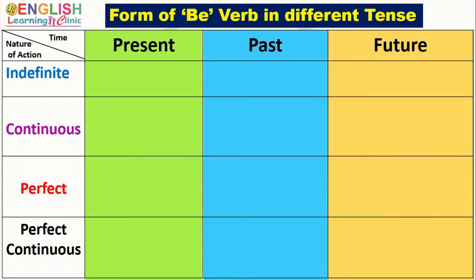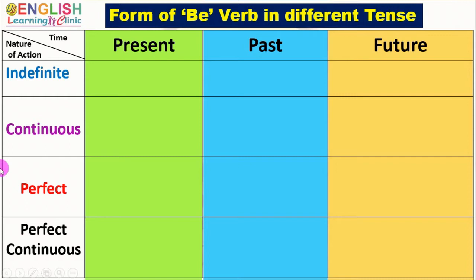I have already discussed in detail in the videos of my tense series that tense is equal to time of utterance plus nature of action. When the time of utterance is added to the nature of action, the tense of the action, that is, the tense of the verb, is formed.